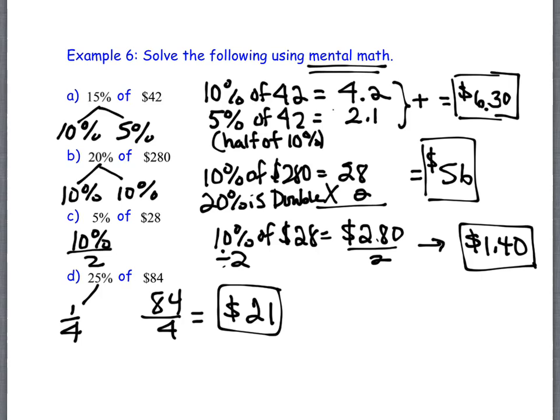Like break 25 down into 10 plus 10 plus 5. That's the hardest way to do it, honestly. It's not terribly hard, and I don't want to say that, but it's the longest process way to do that. Either of the other options that you guys mentioned, either dividing by 4 or dividing by 2 twice, would be a quicker way to do it.